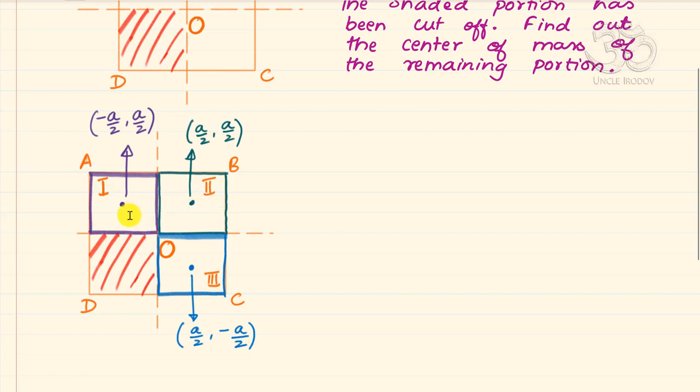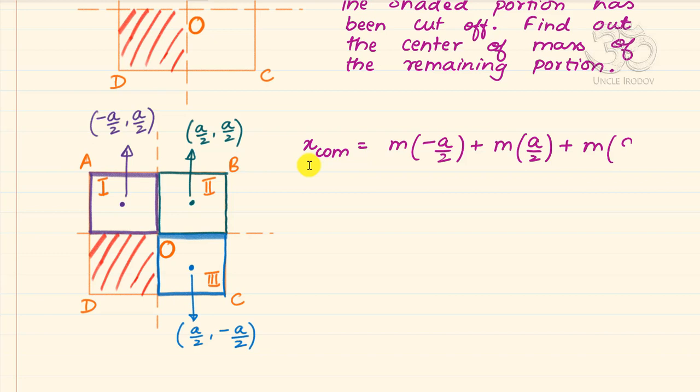So now we have to find out the center of mass of a 3 particle system, and that is a very easy and standard thing to do. So x center of mass will be m1 x1 plus m2 x2 plus m3 x3 divided by m1 plus m2 plus m3.